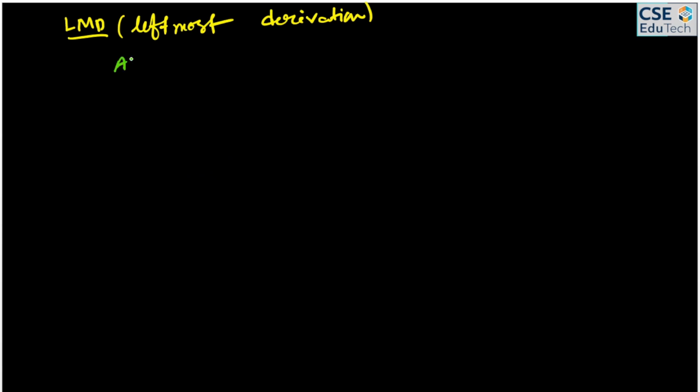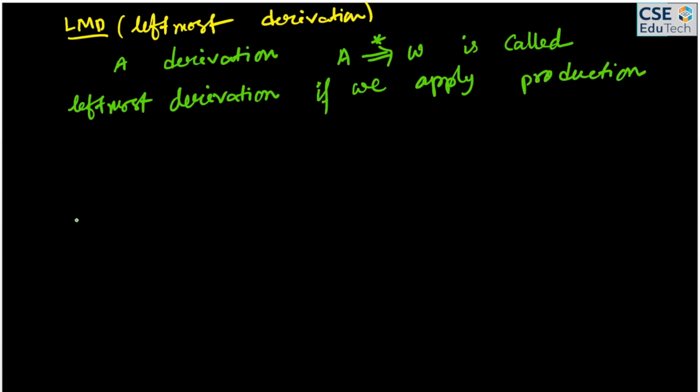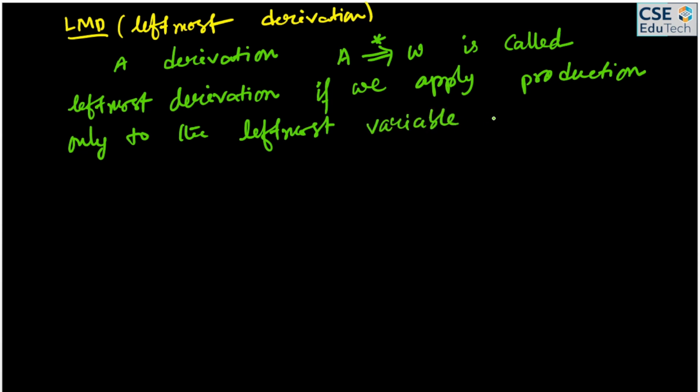We can define a derivation of A to w by any number of substitutions as a leftmost derivation if we apply production only to the leftmost variable at every step. Then we call it a leftmost derivation.